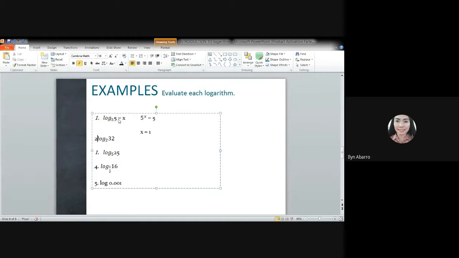Okay, number 2. Sorry. The logarithm of 32 to the base 2 is equal to, what is the value of this? Okay, let us use x again. Okay, what is our base? Yahin muna natin to para mas mabilis. Our base is 2.